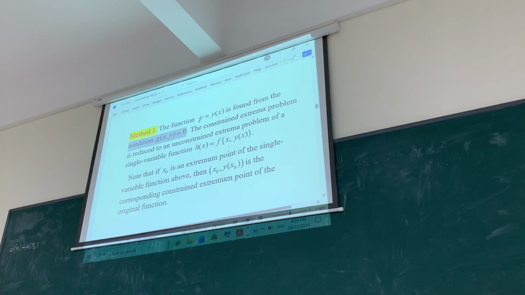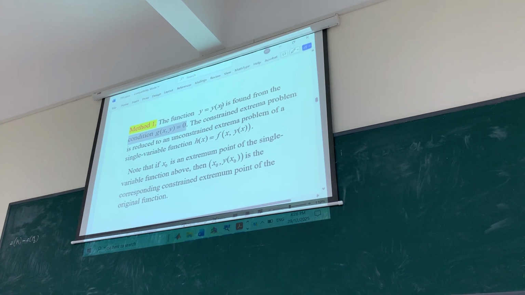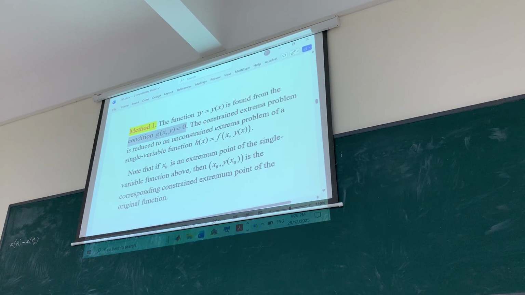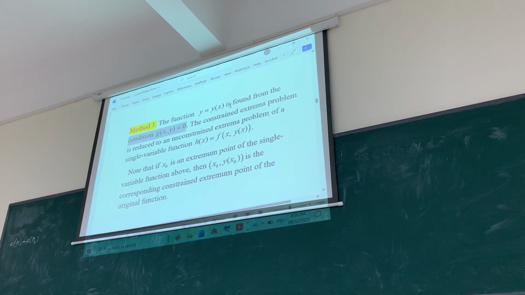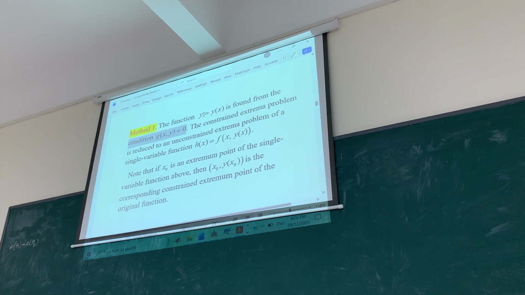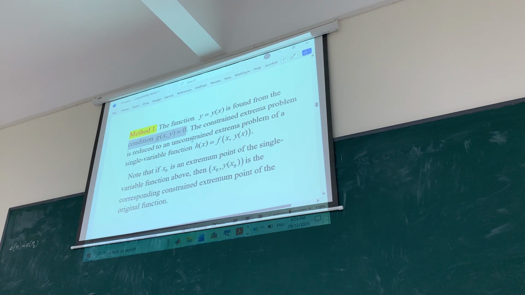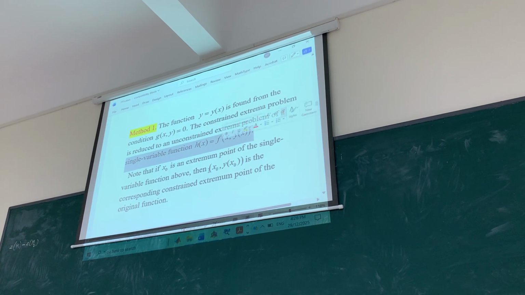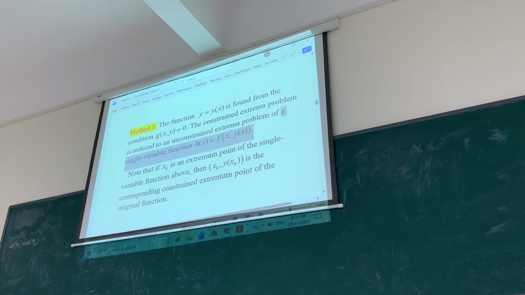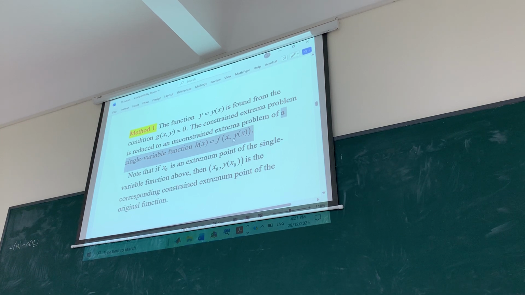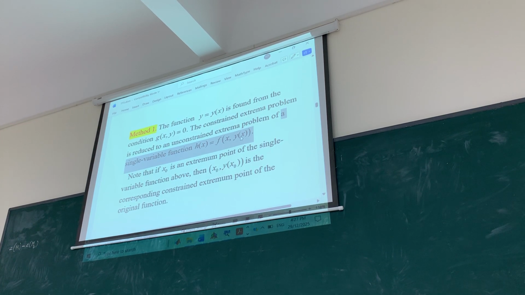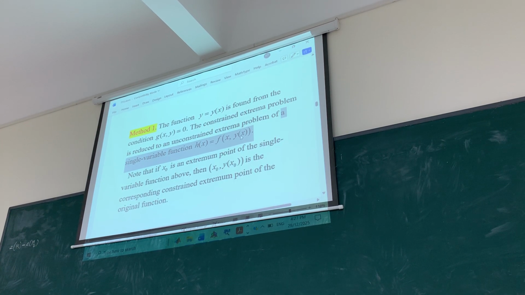We can express y as a function of x. Suppose y equals y(x). We replace y equals y(x) into the function f, and the function f becomes a single variable function, f equals f(x, y(x)), a single variable function.